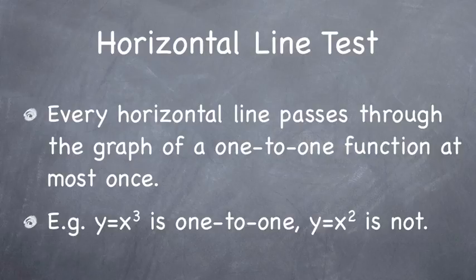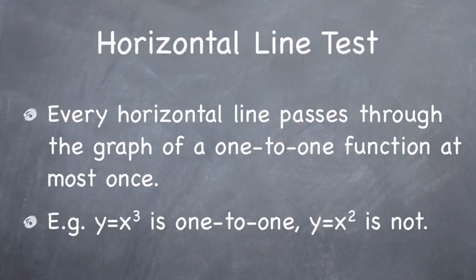The horizontal line test works very similarly to the vertical line test. If we take the graph of a function and draw any horizontal line whatsoever, if the graph is a one-to-one function, the line will pass through the graph at most once. If it passes through it once or doesn't pass through it at all, that's perfectly fine.